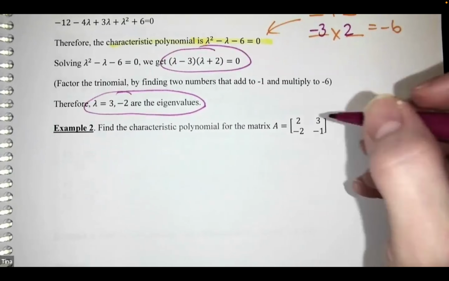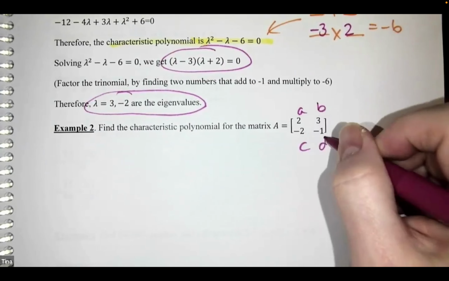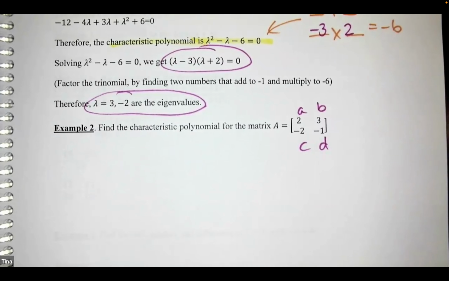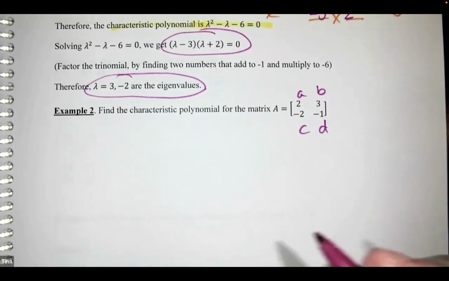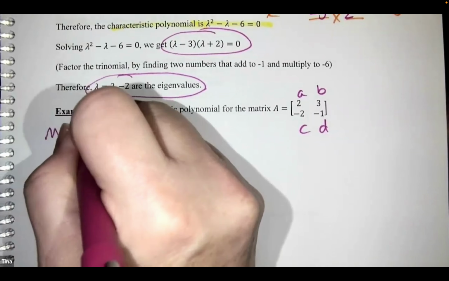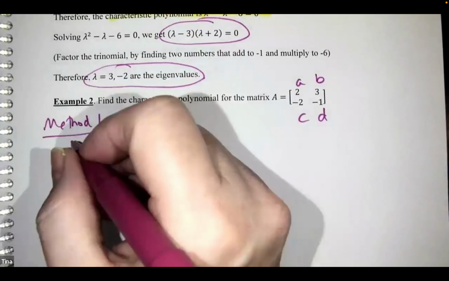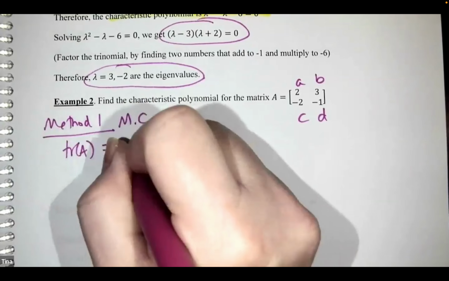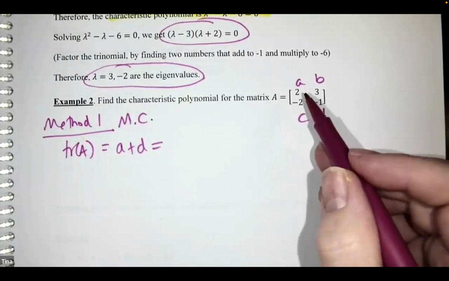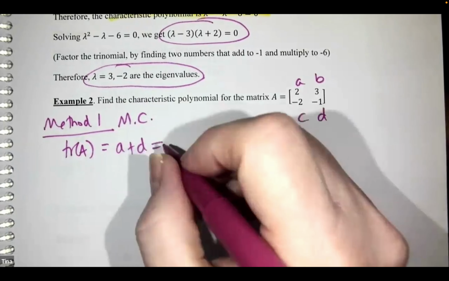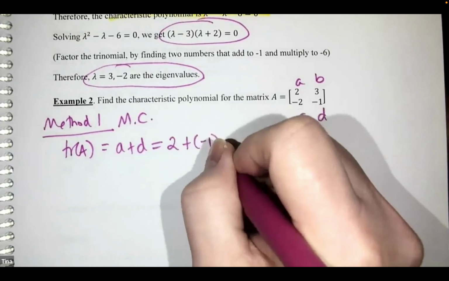Okay, so let's do it. A, B, C, D. Find the characteristic polynomial. So method 1 for multiple choice. Well, the trace is A plus D: 2 plus negative 1, that's 1.